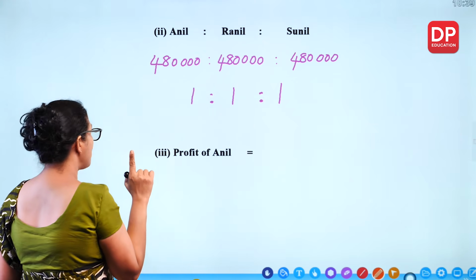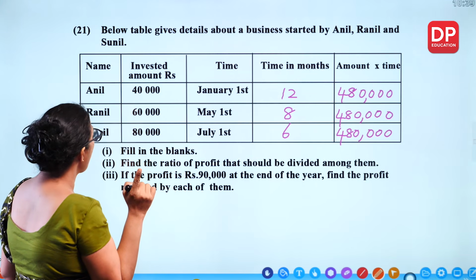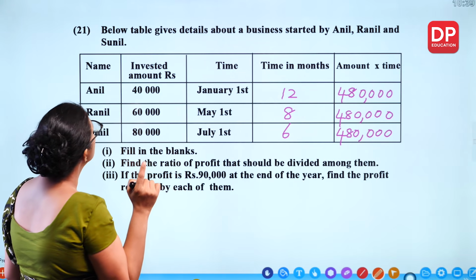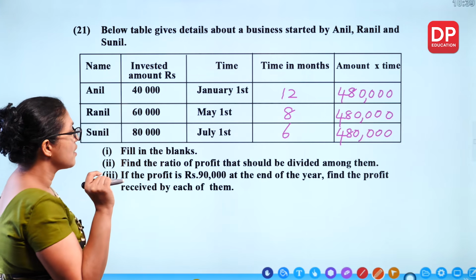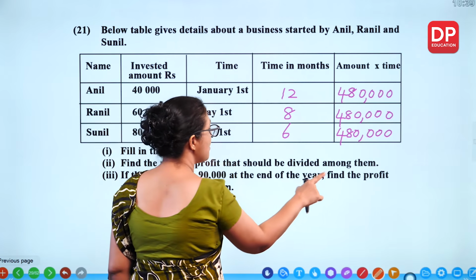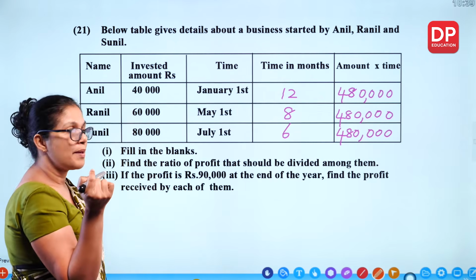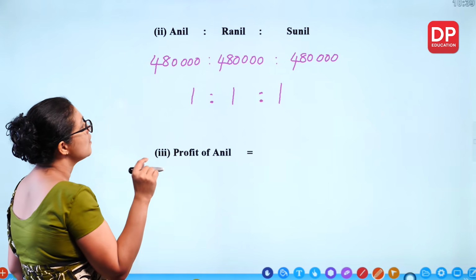So what is the profit of Anil? The total profit is 90,000. So 90,000 is the profit at the end of the year, find the profit received by each of them. So 90,000 you have to divide equally.